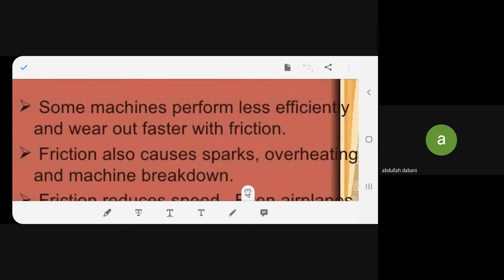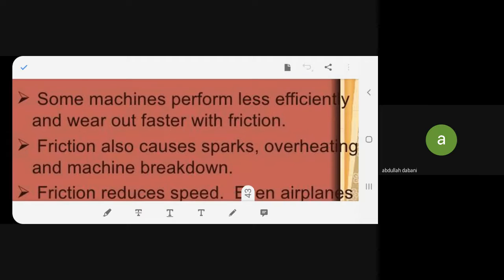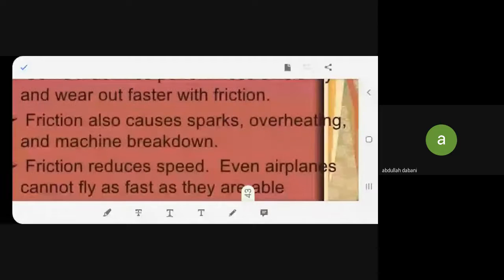It's all due to friction because it rubs some mechanical parts. They rub against each other, and when it gets more, it gets heated, and then it runs down and stops functioning. So these are the disadvantages of friction. They wear out. That means I cannot use it anymore.